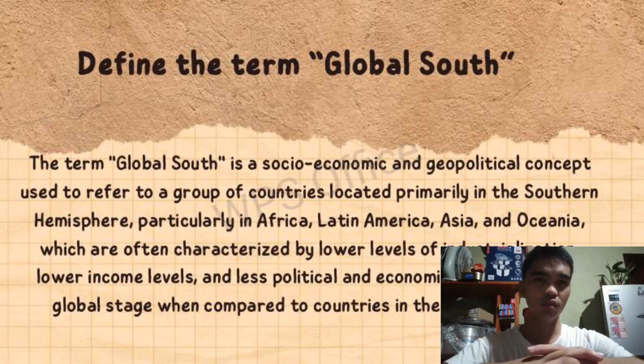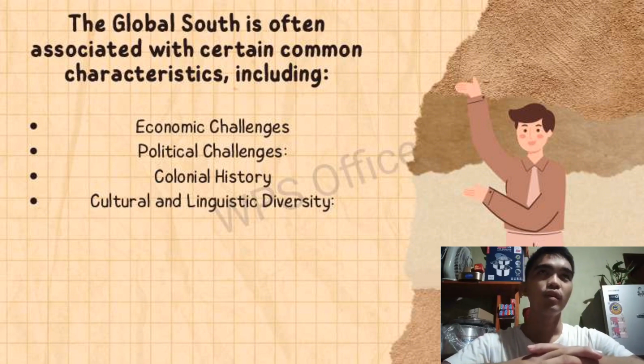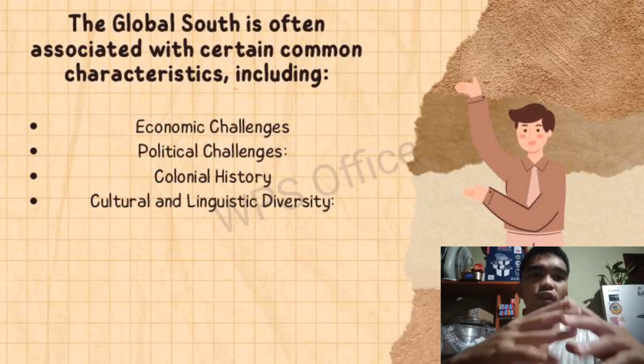So, the Global South is more likely to be easy to colonize because of their society. Their society is more agricultural, while the Global North is more industrial, with guns and more technologies compared to the south.